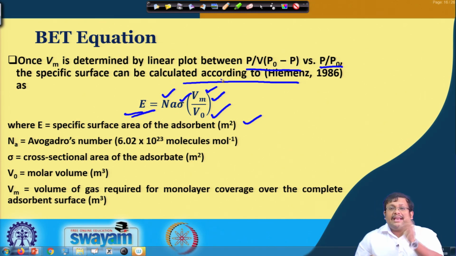So, this is how once we calculate Vm, we can calculate the specific surface area.